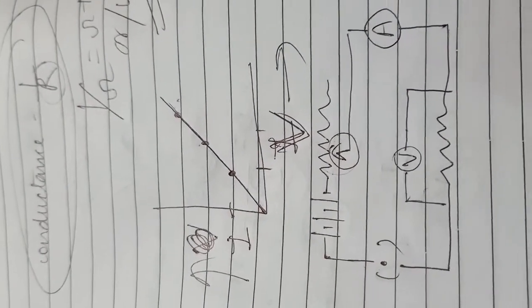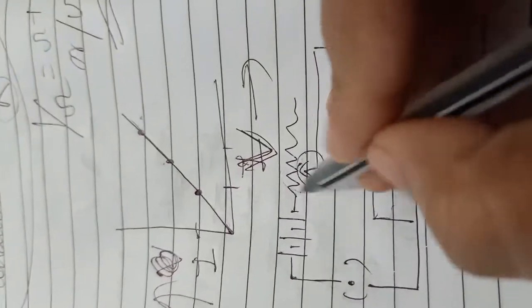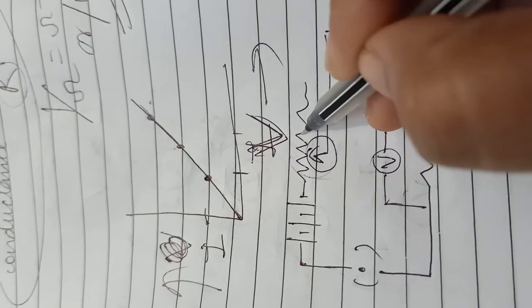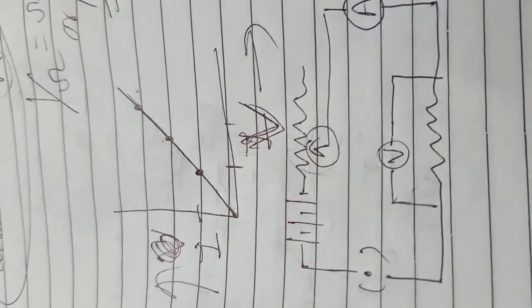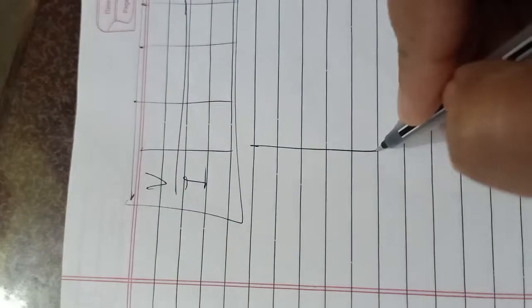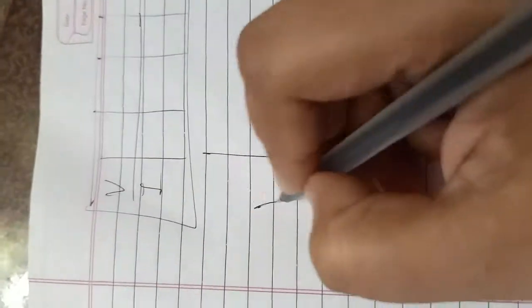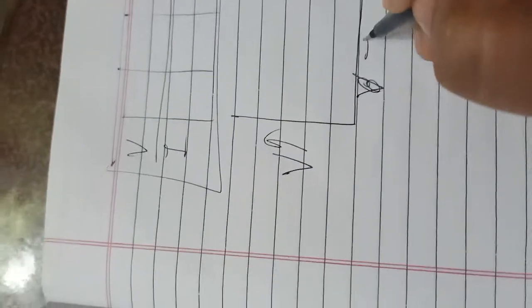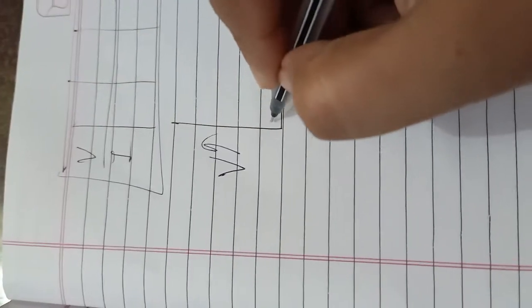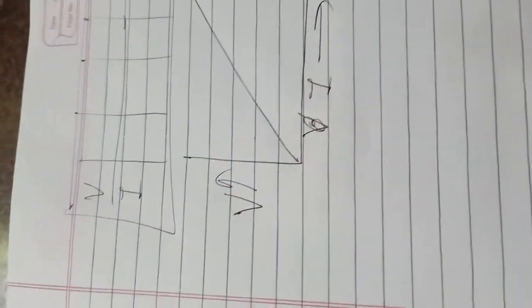Note down the reading, then change it. We can apply variable resistance of 20 ohm, 30 ohm, 40 ohm, and draw the graph between V and I for different values. You will see that a straight line will be obtained. So we can say that it obeys Ohm's law.